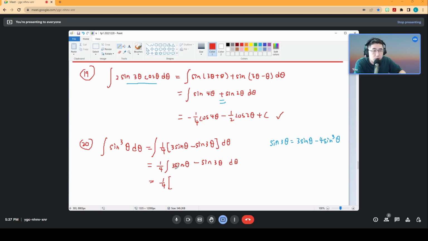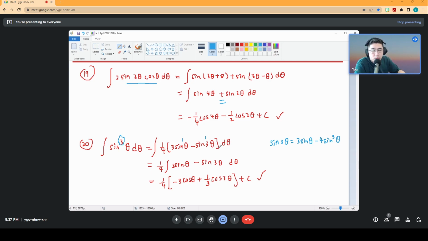3 again is a multiple, so you have a negative of 3 cos theta. This is sine of 3 theta, so you have plus 1 over 3 cos of 3 theta plus c. As you can see, we changed power 3 into power 1.